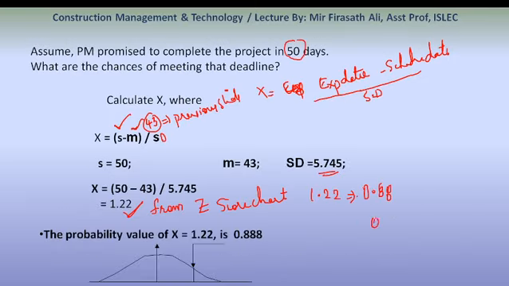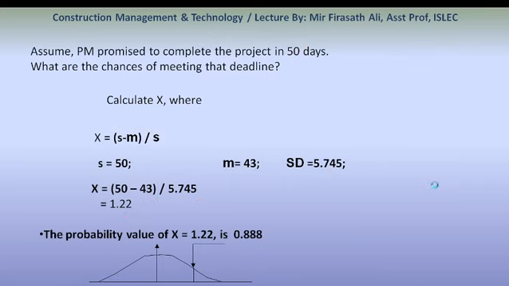There is an 88% chance of completing this project in 50 days. So in this manner, we will determine the probabilities.